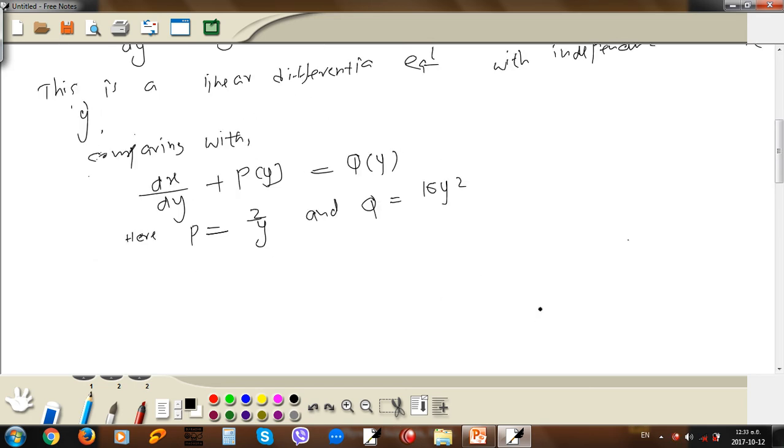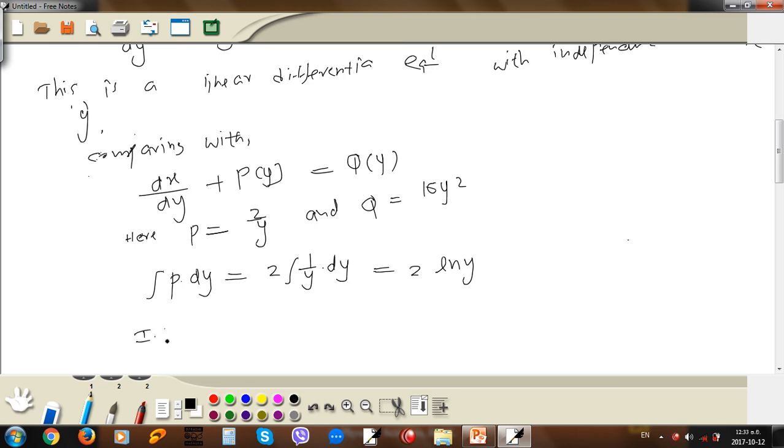Now we have to find the integrating factor. Now we need to find the integral of p dy, not dx, because our independent variable is different. The integral of 2 over y dy is 2 ln y.